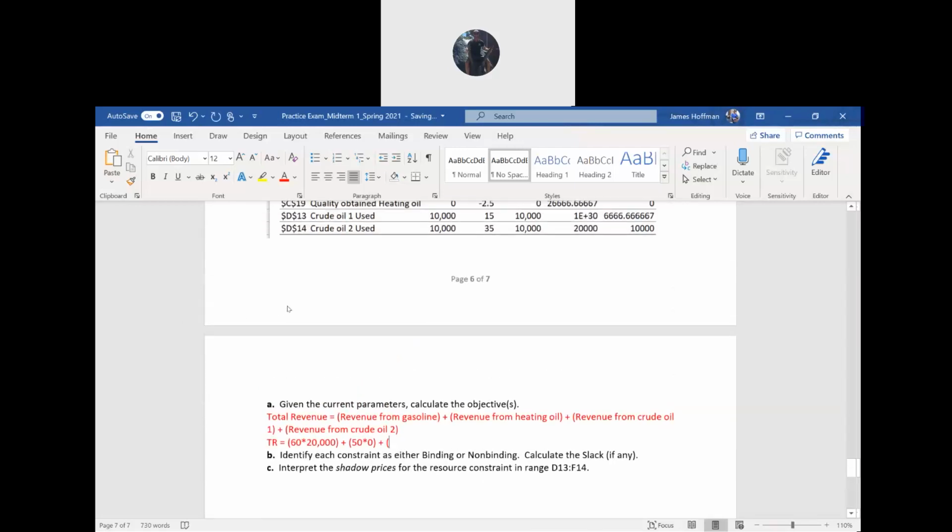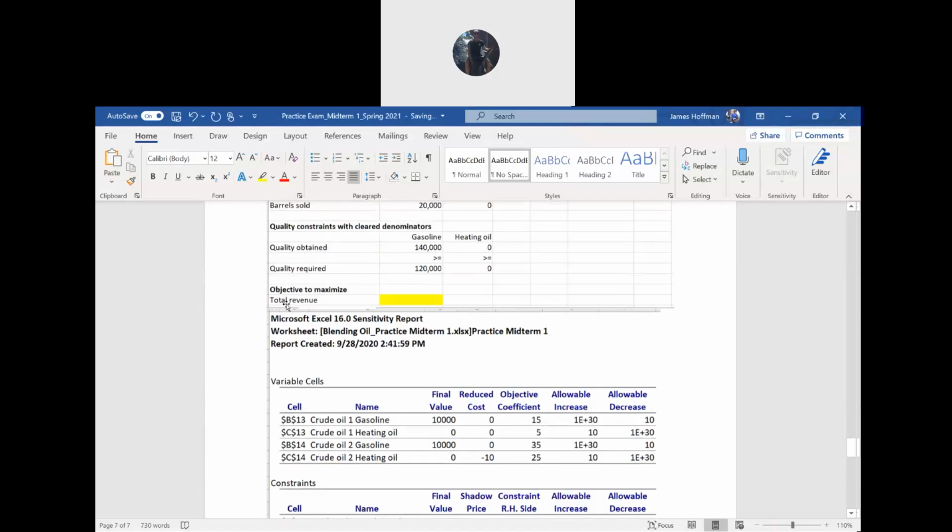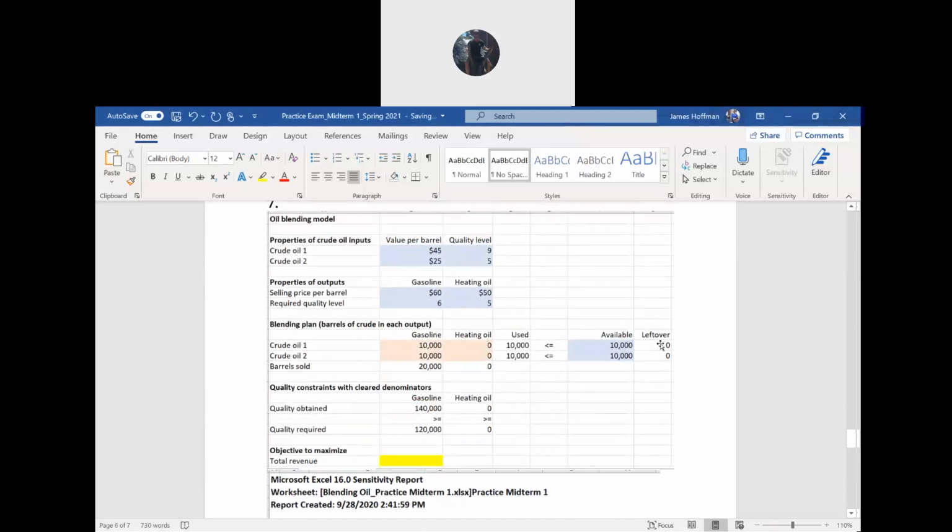For crude oil 1 and 2, we didn't sell any of those. There's no leftover crude oil 1 and no leftover crude oil 2, but I'll put those in there just to be thorough. So the price of crude oil 1 is 45, and the price of crude oil 2 is 25, but we didn't sell any. So it's going to be 45 times 0 plus 25 times 0. So all the revenue in this current outcome is only from selling gasoline.